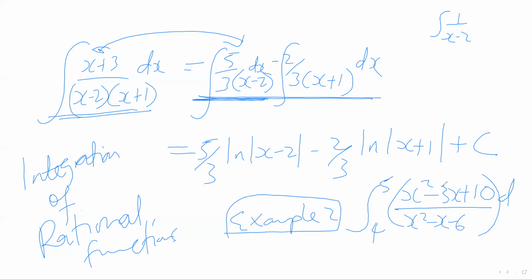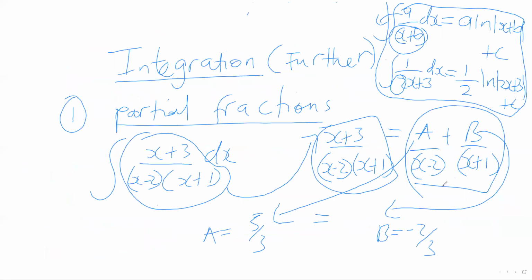Now you see, it looks very complicated, but it's not as complicated as it looks. It's quite easy to integrate because we are using partial fractions. So the whole idea is we need to do partial fractions like we did here.